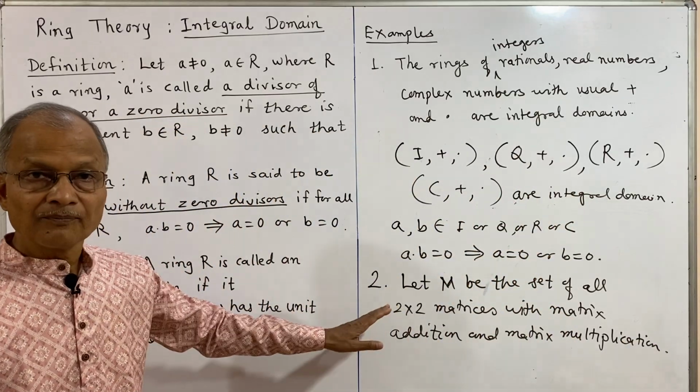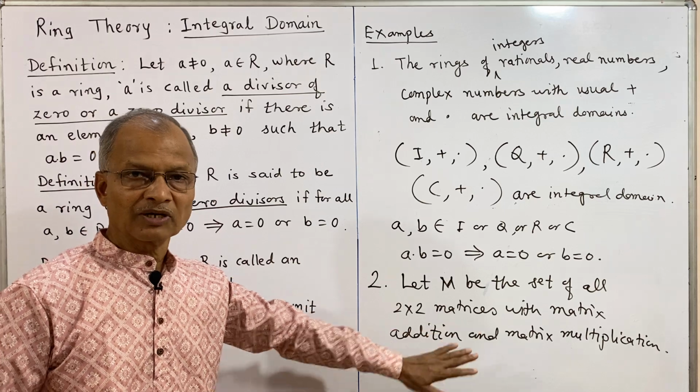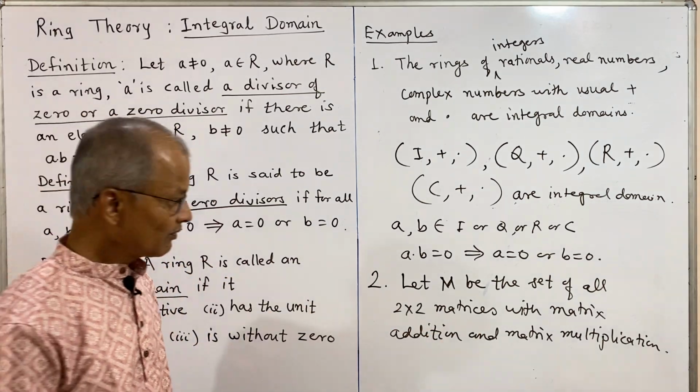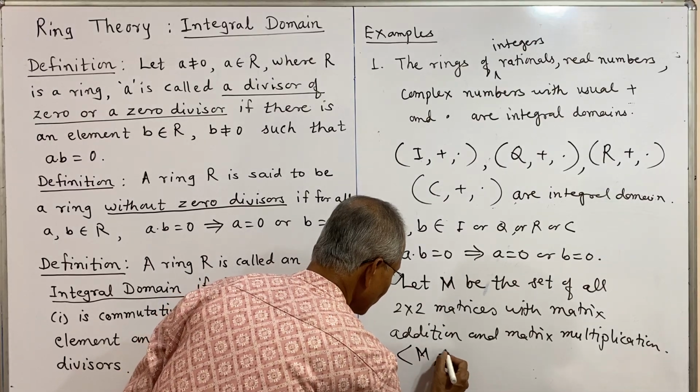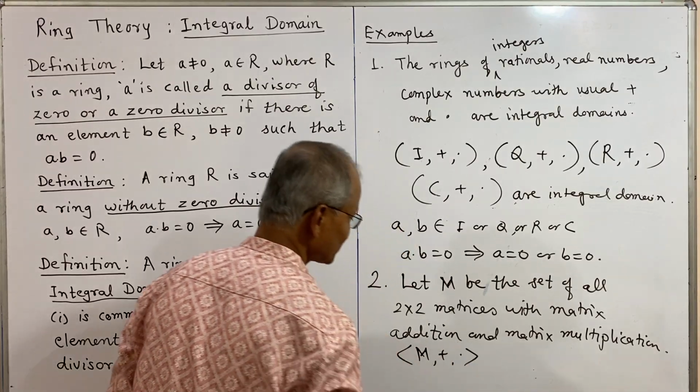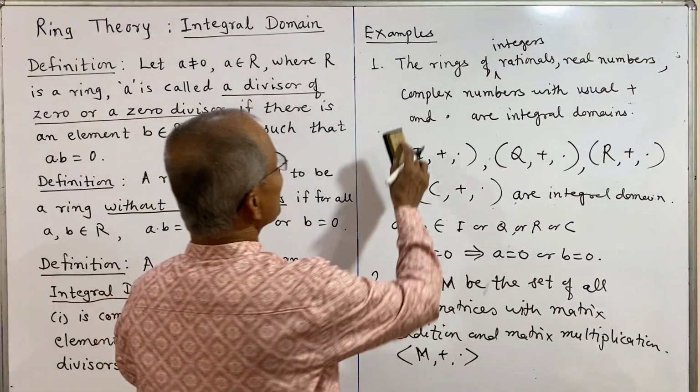Then this set M with matrix addition and matrix multiplication forms a ring.